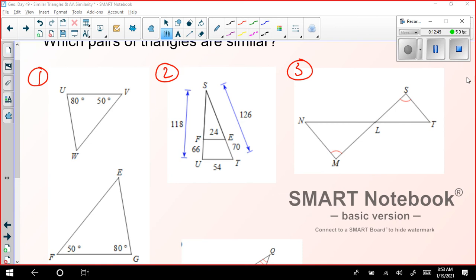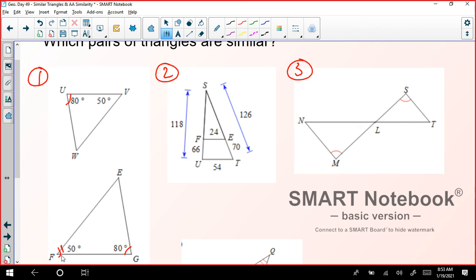Okay, based on angle similarity, we can say yes, the first one is going to be similar because you have angle U congruent to angle G and angle F congruent to angle V. We have two angles congruent, so using triangle similarity we can say the triangle UVW is similar to triangle, in place of U I have G, in place of V I have F, in place of W I have E, GFE.